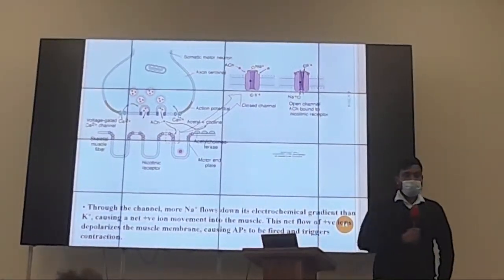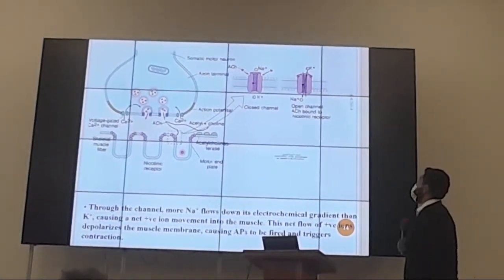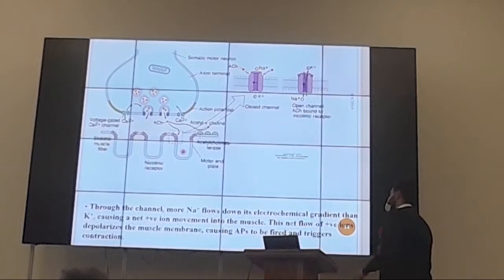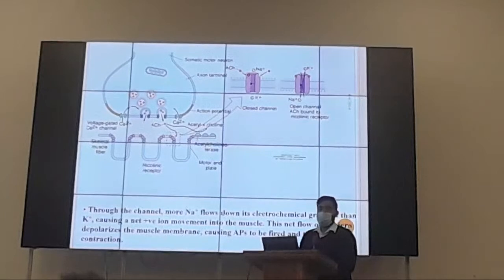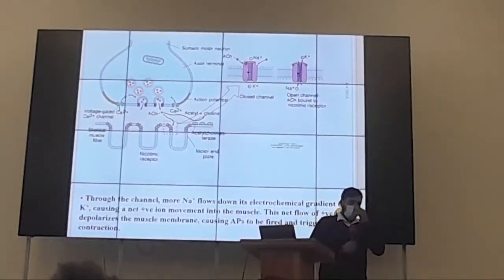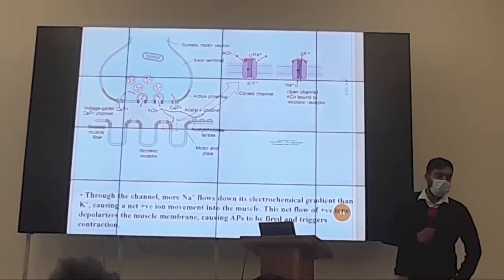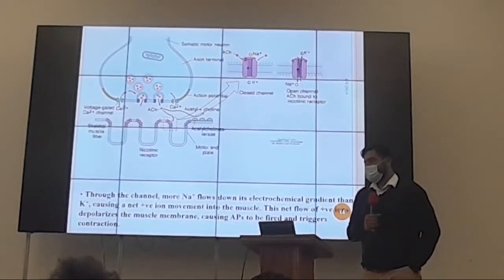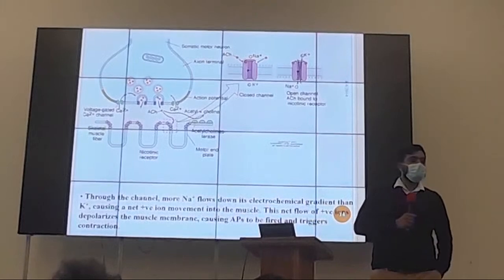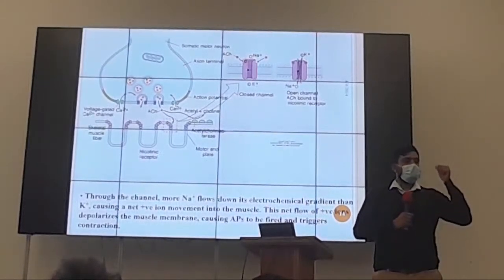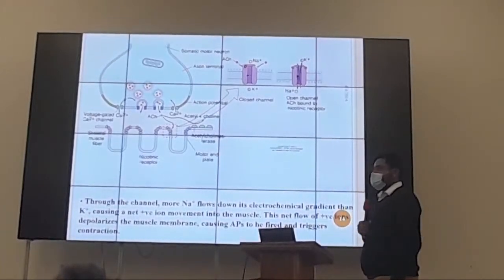It's an autoimmune disorder, and you have antibodies generated against these nicotinic M type of receptors. Where acetylcholine is supposed to sit, these antibodies come and sit there and block it. How do you think someone with myasthenia gravis will come to you? What will their complaint be? Muscle weakness, isn't it? The inability to generate muscle contractions because of that. So they'll come with muscle weakness.